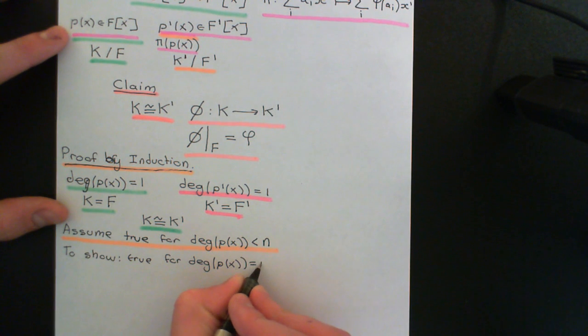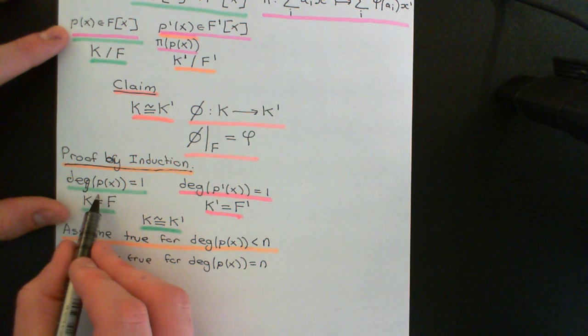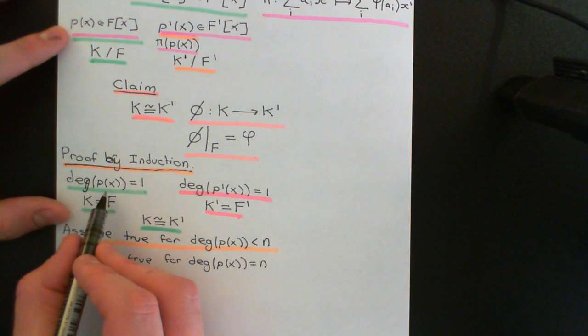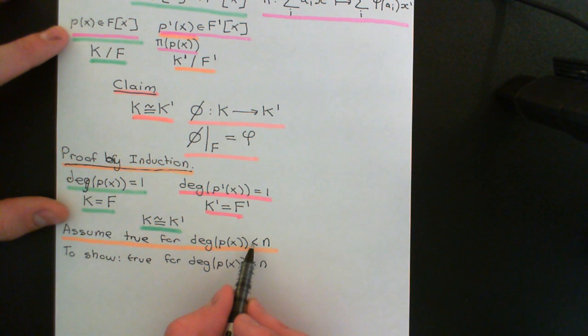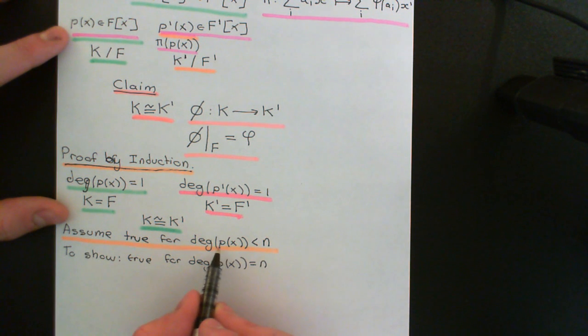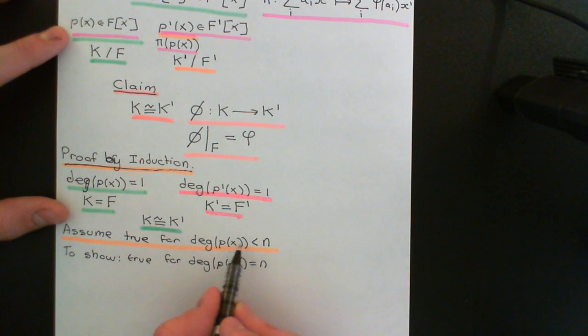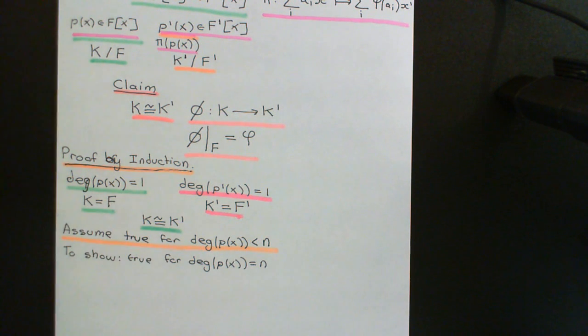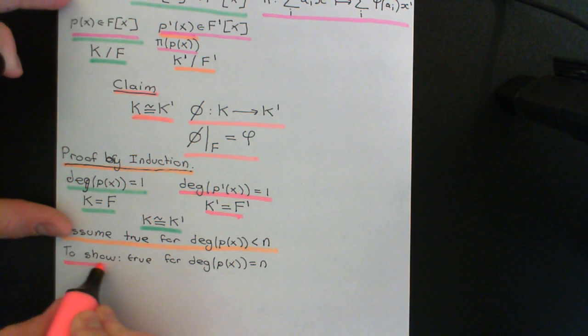And of course if we have done that, then we will be able to conclude that it's true for the degree of the polynomial equal to 2, because it was true when the degree of the polynomial was less than 2, which the only case you need to prove that for is 1, and then you'll be able to go up to 3 because if it was true for 1 and 2 it'll then be true for 3, and if it's true for 1, 2 and 3 you'll be able to conclude that it's true for 4, etc. The normal way that a proof by induction works.